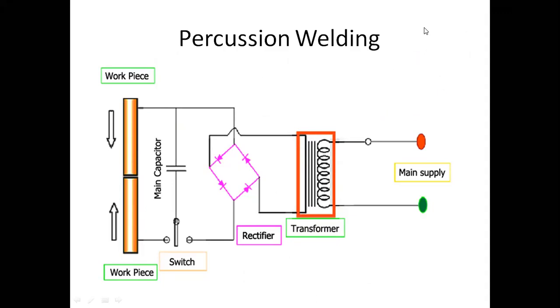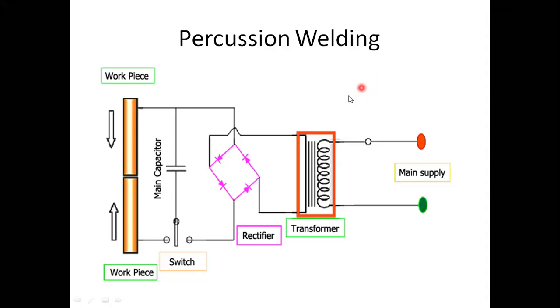Look, the first case is that percussion welding is done based on your DC supply. So whenever you apply some DC supply, you have to produce DC power. How could we produce it? Generally we apply a rectifier stage.